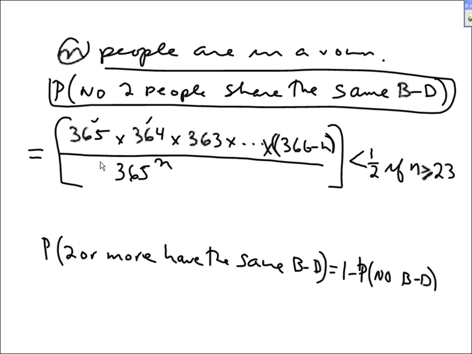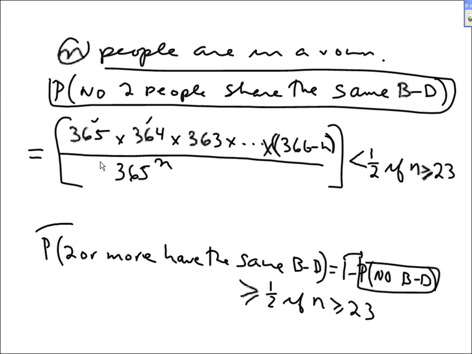Well, if this number is less than a half, then 1 minus it is greater than a half. If you have $1 and you spend less than half a dollar, you'll have more than half left. So this is greater than a half if n is bigger than 23.